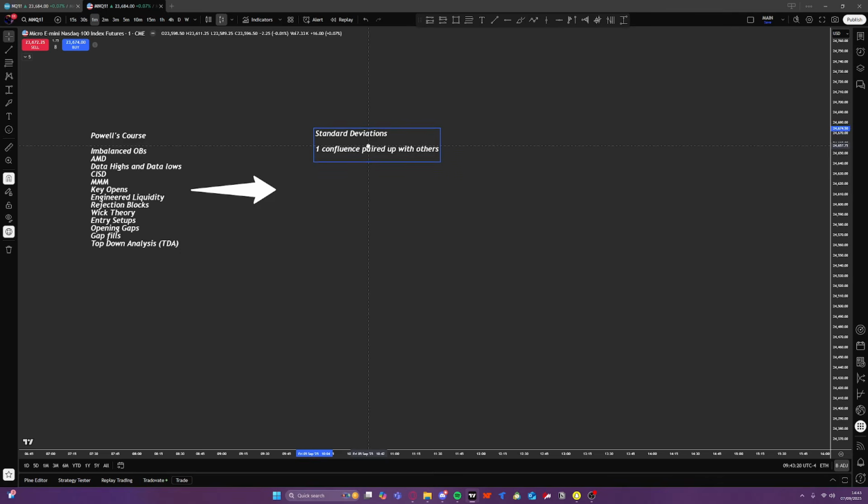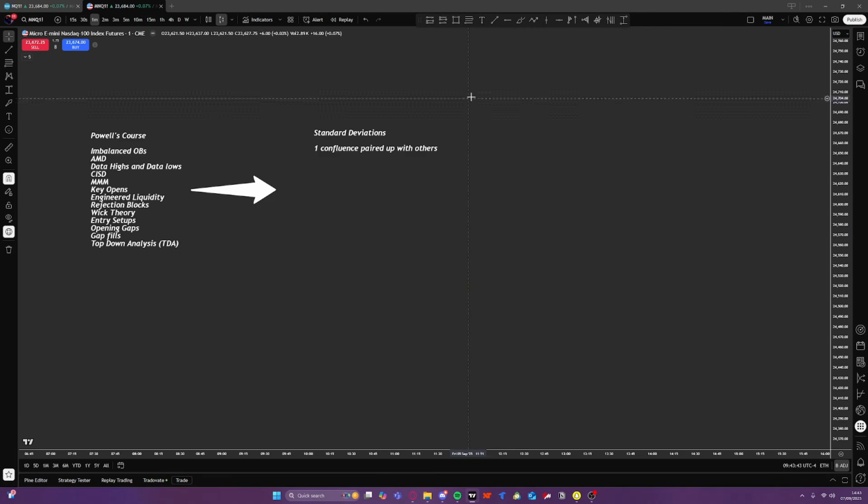I don't know how to say it about standard deviations. Imagine if you've done statistics in school, or if you've done maths at a high level, then you would know standard deviations is basically the range of what data contains.